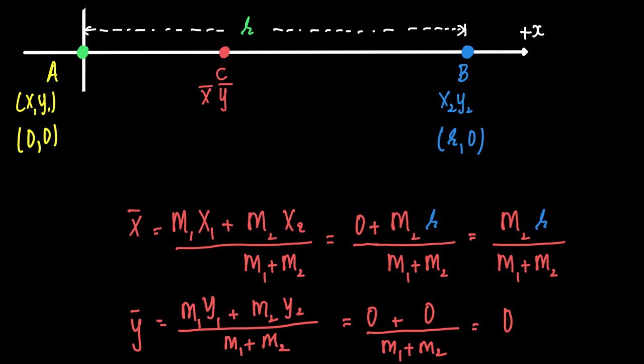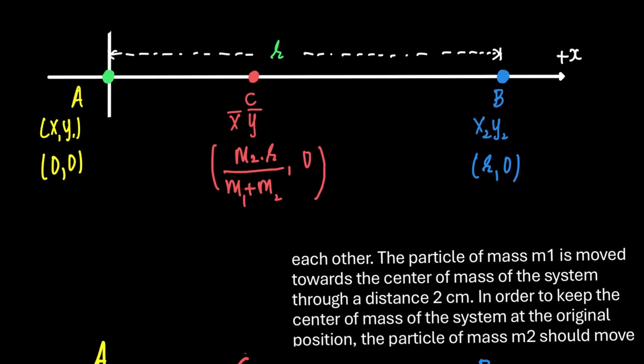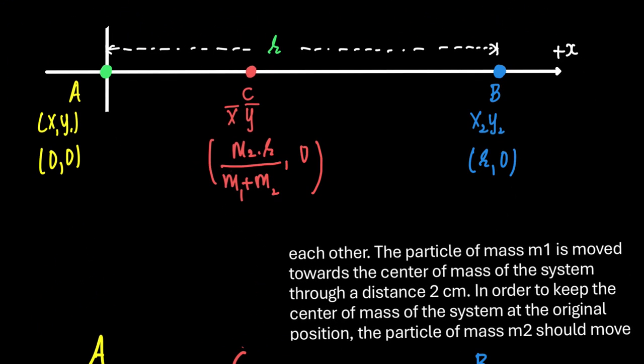So m1 y1 plus m2 y2 becomes 0 plus 0. So y bar is equal to 0. Therefore, we can say that this system can be reduced to one with two bodies, two particles A and B, with the center of mass of A and B being located at m2 r divided by m1 plus m2.